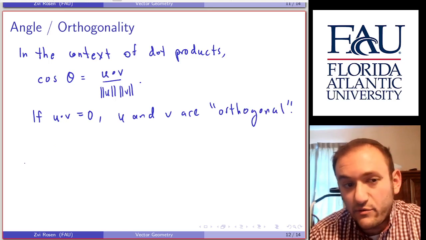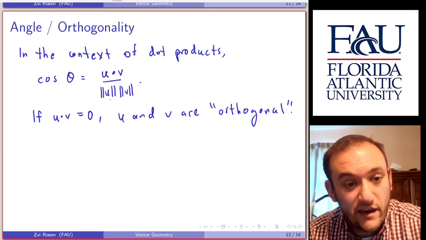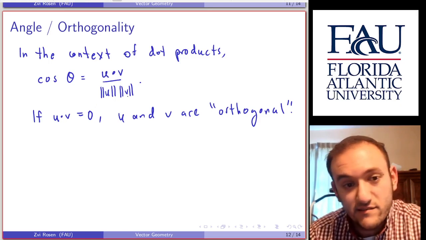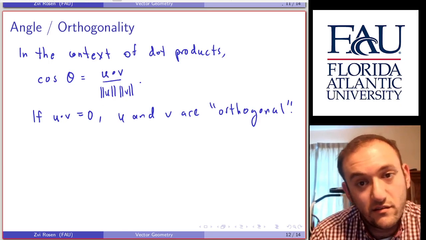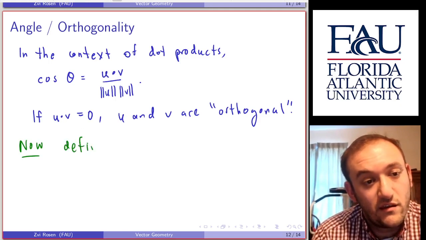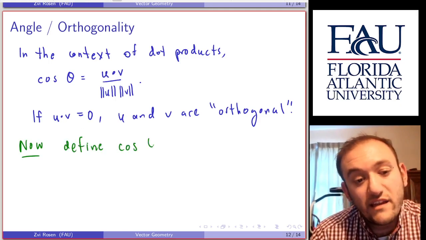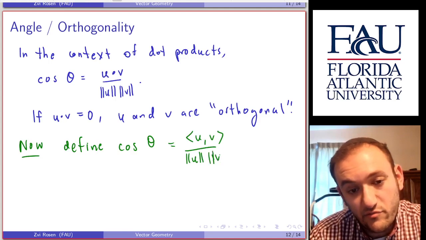Okay, so how can we shift that to this context? Well, it's not hard. We have the same symbol for norm, and instead of dot product, we put inner product. Now define cosine of theta equals inner product of u and v divided by norm u, norm v.